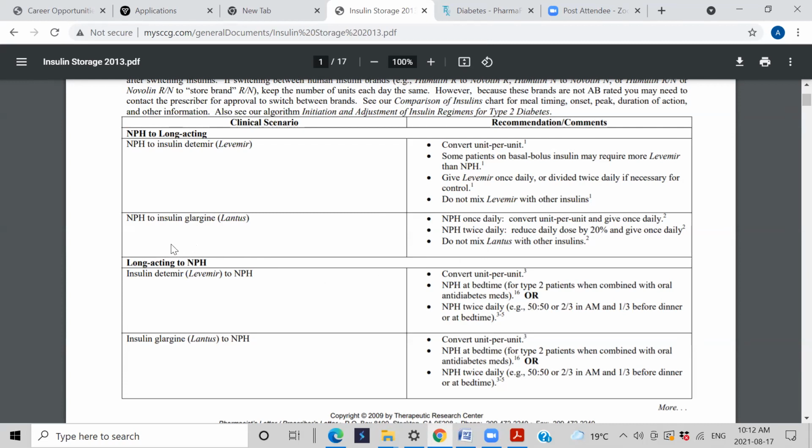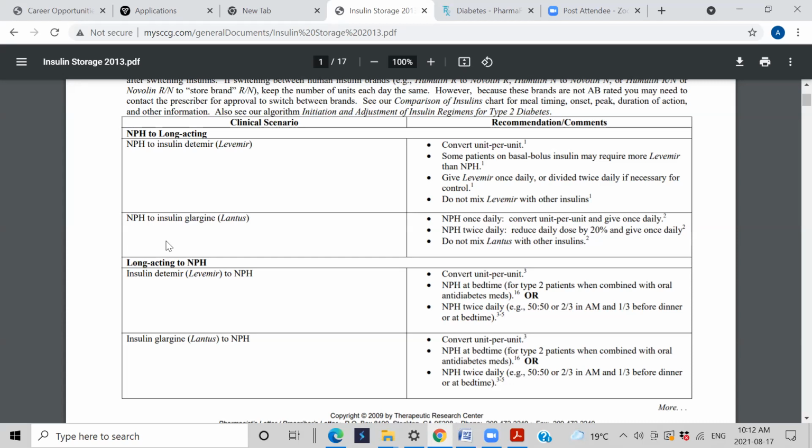However, if the patient is taking NPH twice daily, like 25 units in the morning and 25 units in the evening, and I'm converting him to once daily insulin glargine, at that point I need to reduce the daily dose by 20% and give it once daily. So the total given from NPH is 50 units, correct?